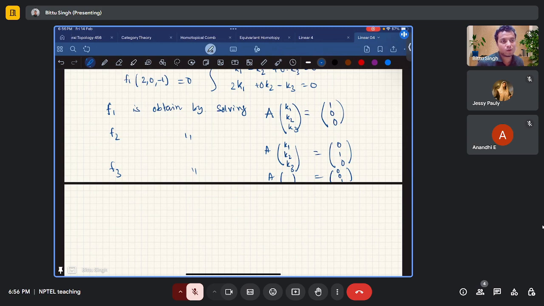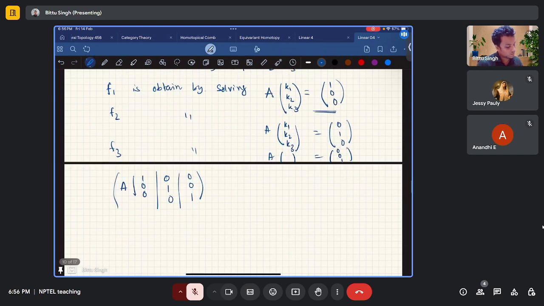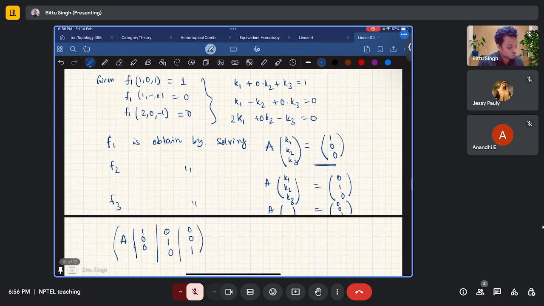To find the solution of this kind of system, we put A and augment it. We can put all those things together: the first is (1, 0, 0), the second is (0, 1, 0), and the third is (0, 0, 1). We can see this is the identity matrix. So essentially we need to find the inverse of A, and those columns will give us the correct solution.